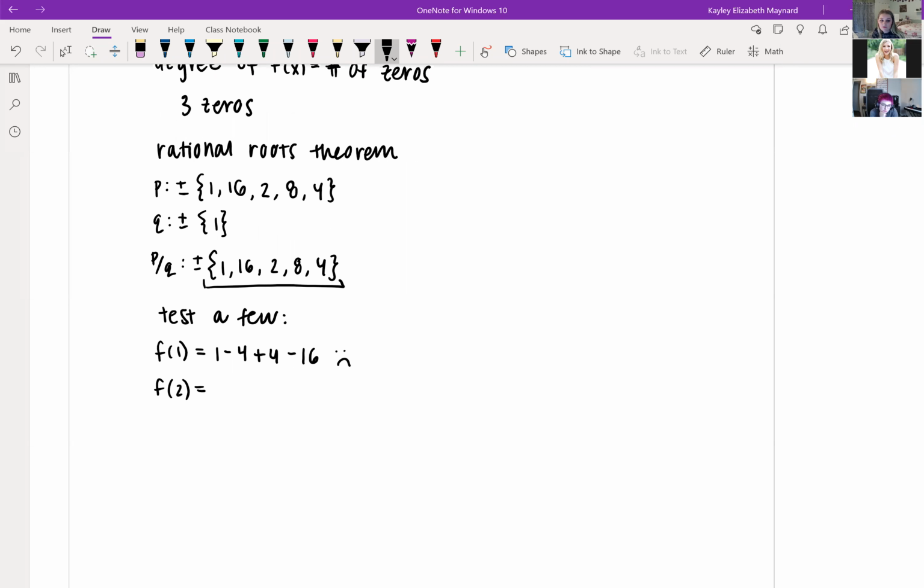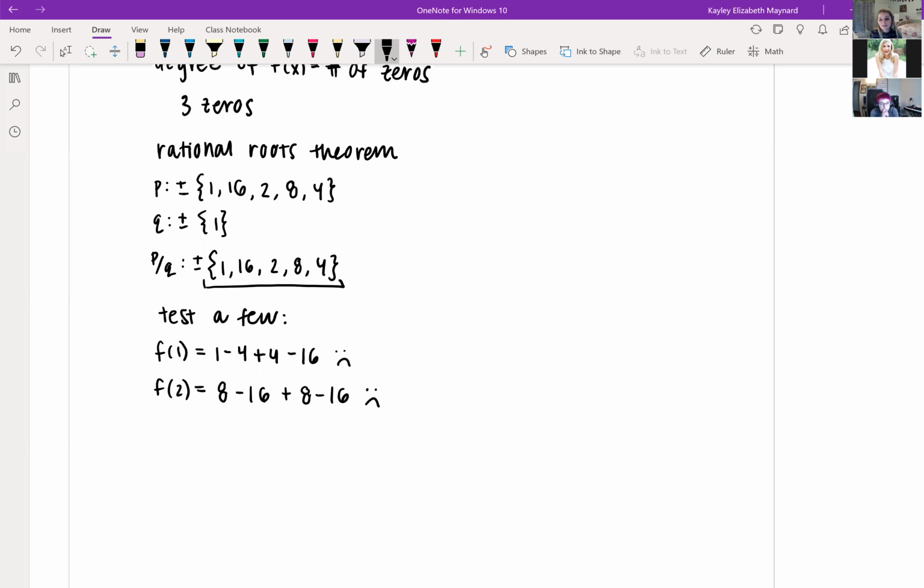If I plug 2 in here, I get 8 minus 16 plus 8 minus 16. Sadly, this does not give me 0 either.